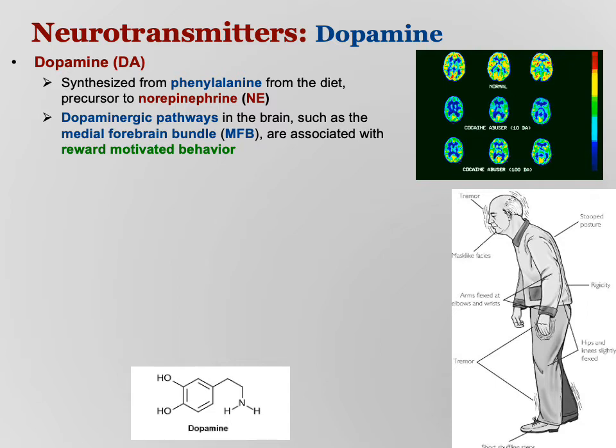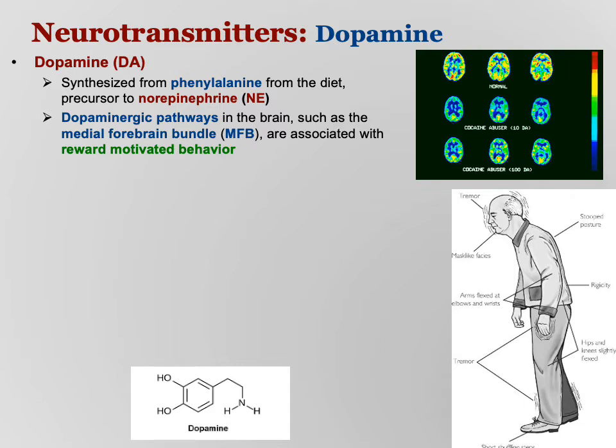Now, dopaminergic pathways. Dopaminergic, erg, root word means work. But dopaminergic pathways mean pathways in the brain that use dopamine as their neurotransmitter. And specifically, there's this pathway called the medial forebrain bundle, the MFB, and it's associated with what they call reward-motivated behavior.